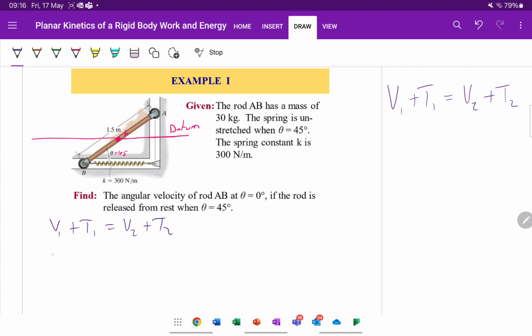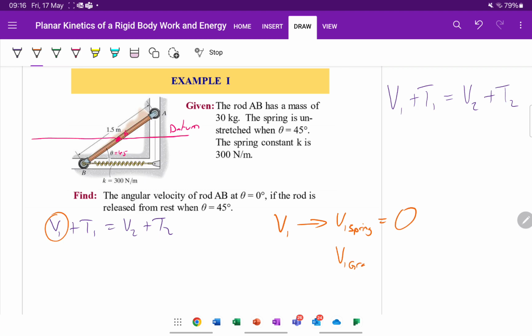So our initial potential energy: V1 spring, the elastic potential energy from the spring, is going to be 0 because it's unstretched when theta is 45, where it's starting.